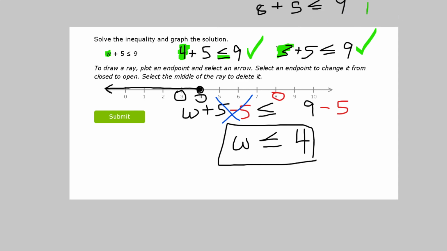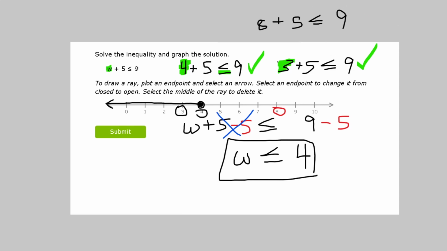Let me move that down a little bit. There you go. We plugged in 8 for W here. We see that 8 plus 5 is 13. And 13 is not less than 9. So this one won't work.